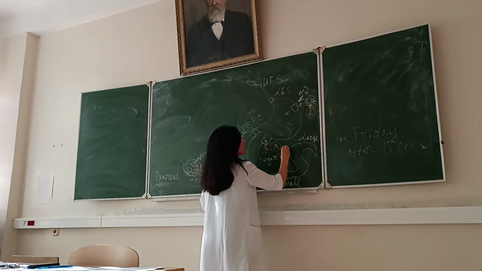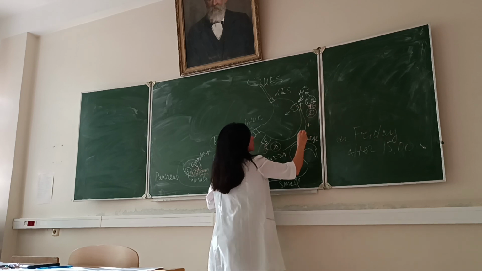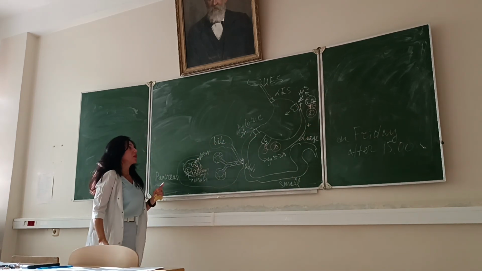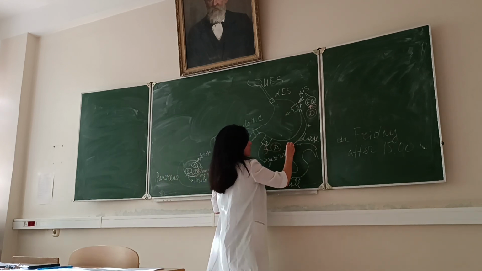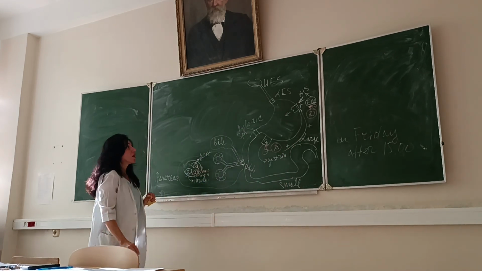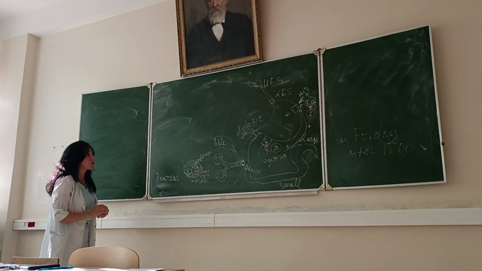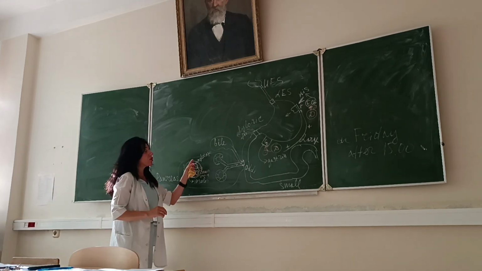Gastrin affects growth. Gastrin and histamine are stimulator hormones, somatostatin inhibitor hormone. That's about the pancreas.